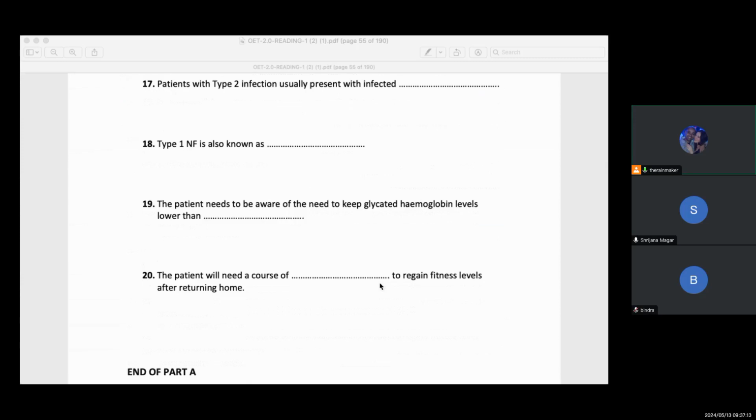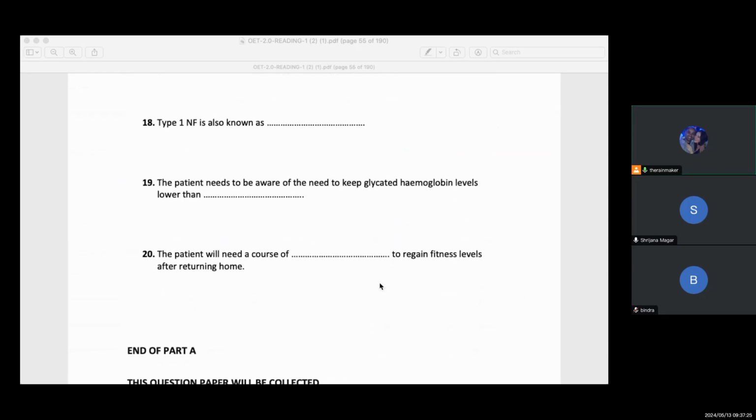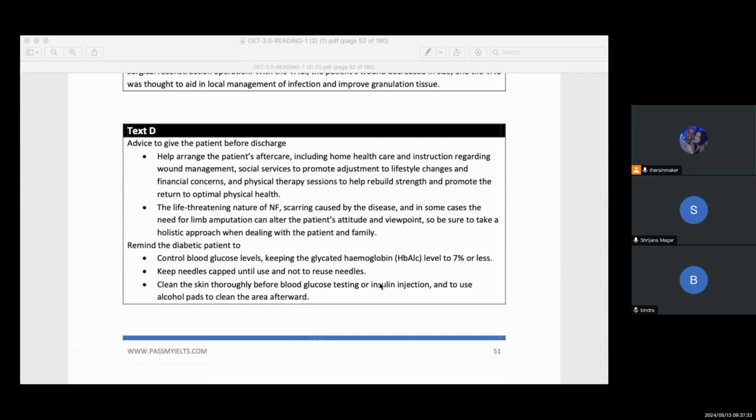Now, the patient will need a course of you blah blah. यो blank मा भएको कुराको patients like course चाहिन्छ आफ्नो fitness level regain गर्नको लागि, कहाँ, where do you think it is? D, yes. Start hunting: what does the patient need to regain the fitness level?